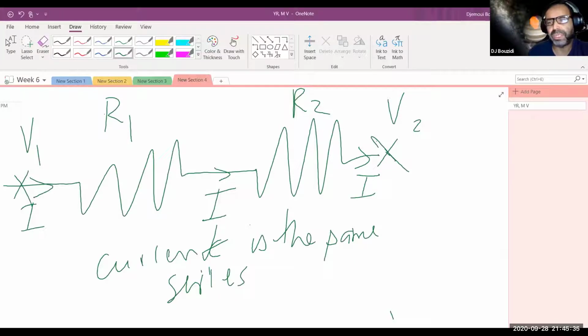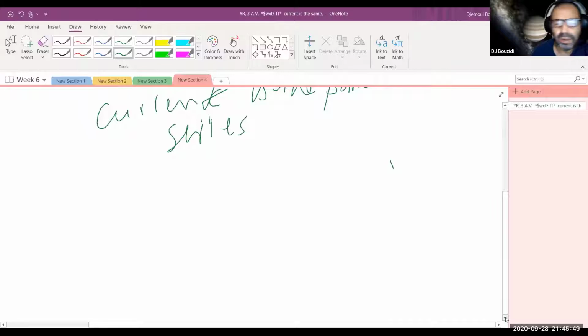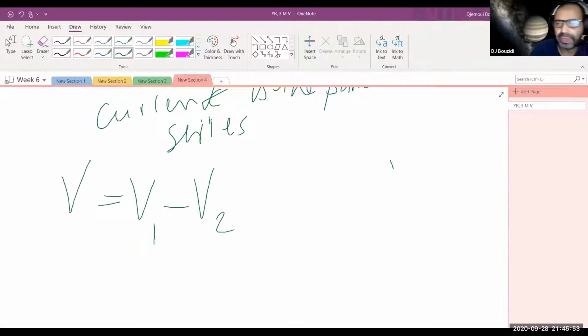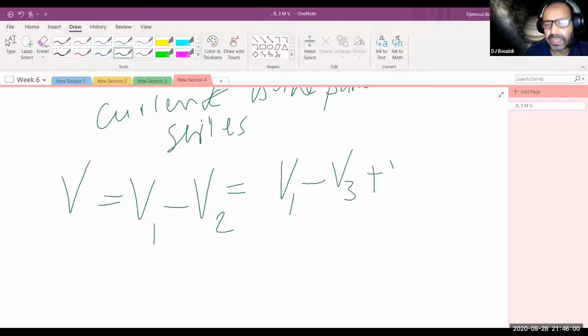The same thing we did in the case of capacitors. So I'm going to call this point 3, and I'm going to find V1 minus V2, which is the actual difference in potential that causes the current to start flowing. That is equal to V1 minus V3 plus V3 minus V2. It's still the same thing.